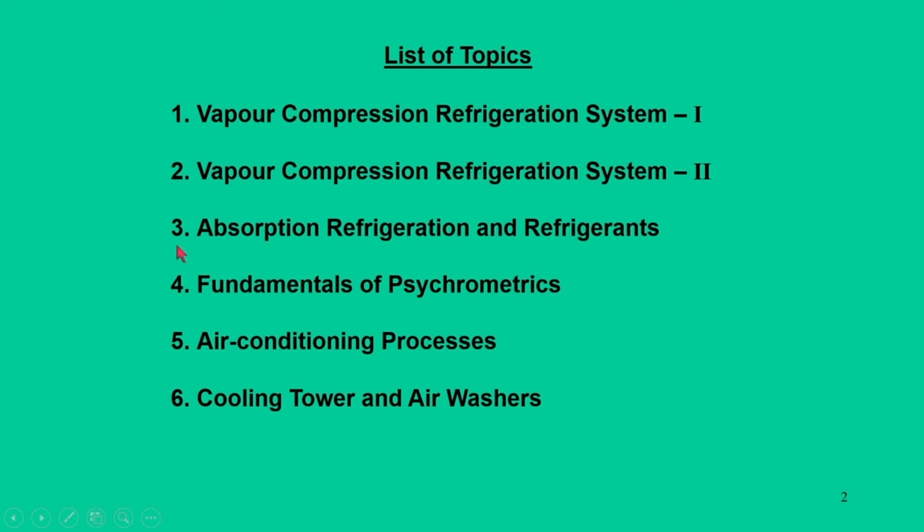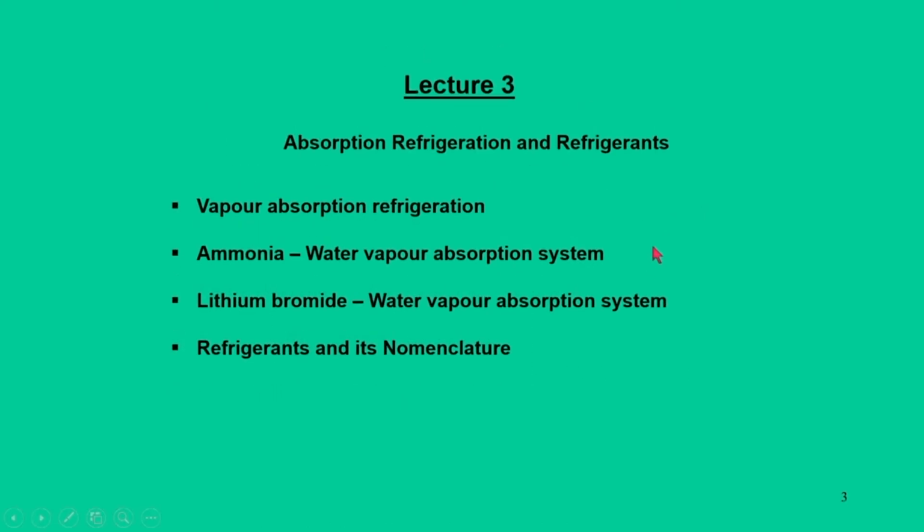Today we will start lecture number 3, a new topic: absorption refrigeration and refrigerants. Under this lecture we will discuss some important aspects of vapor absorption refrigeration, and how it is different from vapor compression systems.